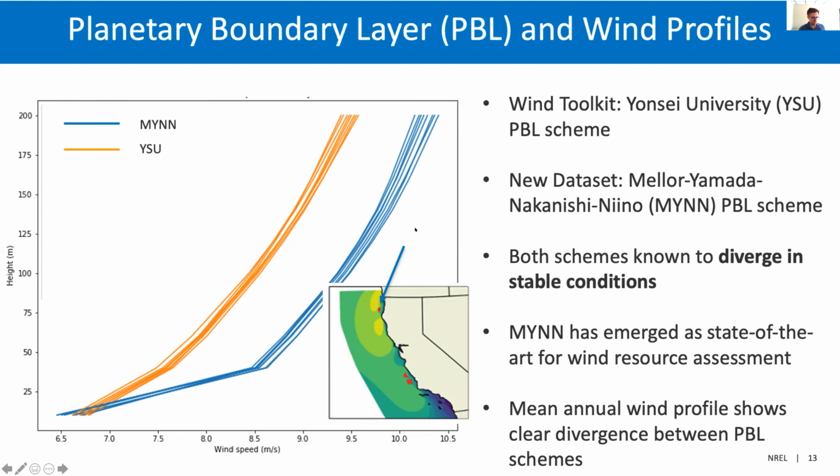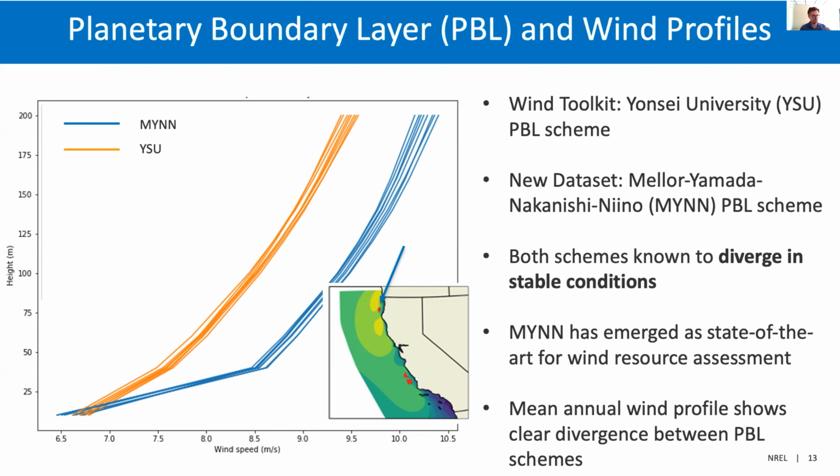Pretty critically, you can see that the 16 ensembles definitely separate into 2 distinct groups depending on the PBL scheme used, with MYNN having significantly higher shear and about 1 meter per second higher wind resource on average at 100 meters. We're used to seeing this performance in stable conditions in other areas, but I don't think we've ever seen such a difference on the annual average mean as we're seeing in offshore California. And I think that speaks to how very stable the conditions actually are out there.